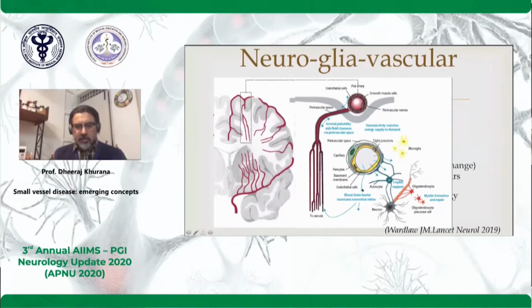The interstitial milieu, which is maintained by the blood-brain barrier, gets disrupted, and that, along with the foot process of the astrocyte getting disrupted, leads on to neuronal damage. So primarily, it's not only a vascular blockade due to lipohyalinosis, there is also damage to the astrocyte foot process, and that explains the more distant effects of small vessel disease.